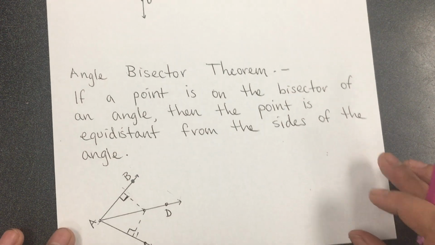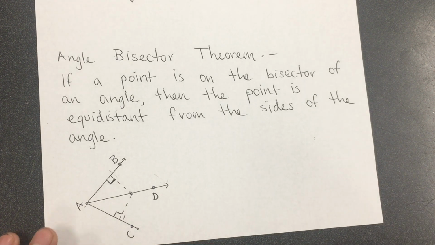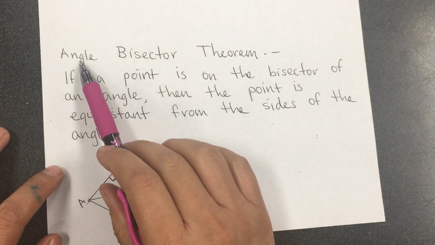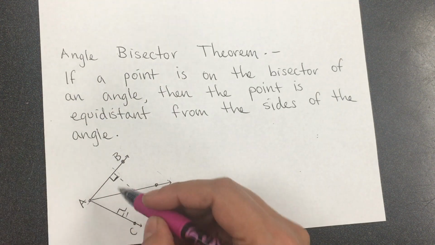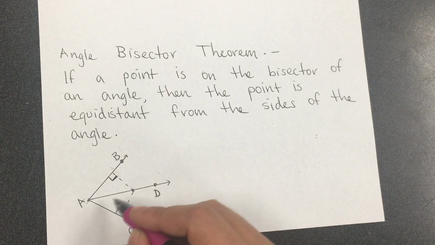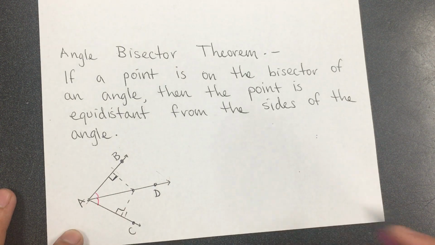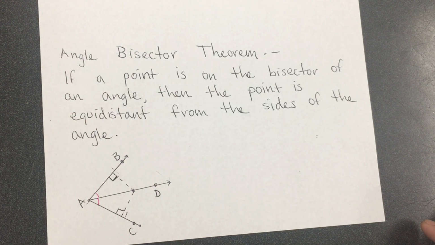Okay, the next one is the angle bisector theorem. And this is a little easier because it's not talking about two different things. The angle bisector just means that if you have an angle, the angle bisector will cut the angle into two equal angles, okay?